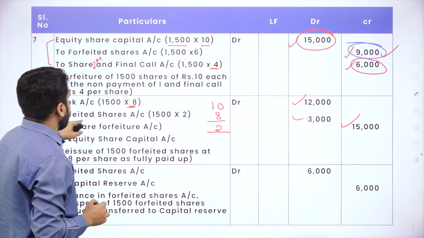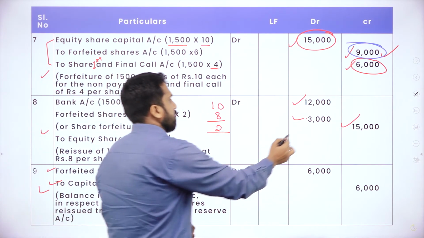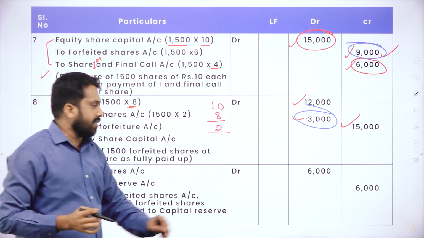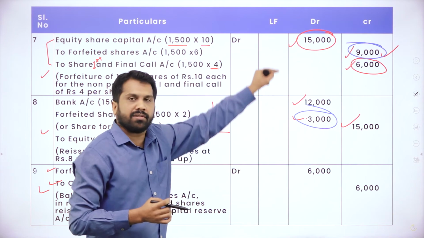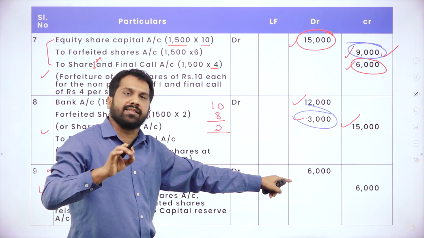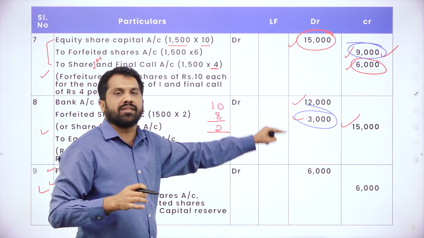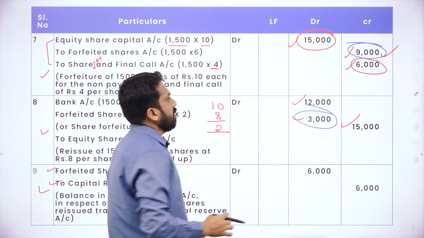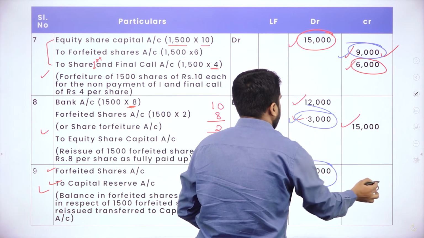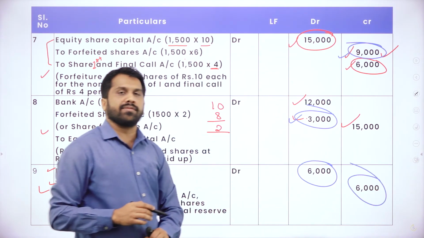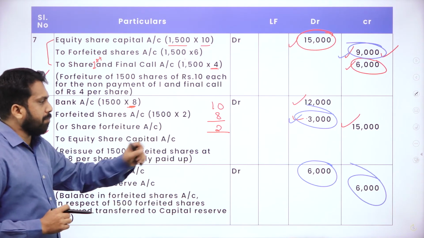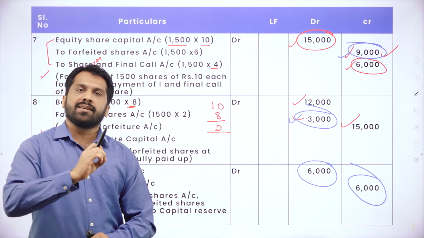How much is your loss on reissue? It is 3,000. You will get the answer from the 2 journal entries. For the third journal entry, you will get the answer from the previous 2 journal entries. Now, 9,000 minus 3,000 is 6,000. So this is the complete solution for this problem.